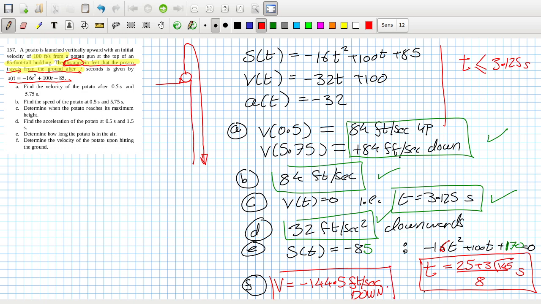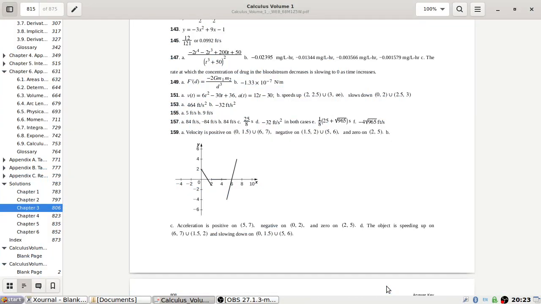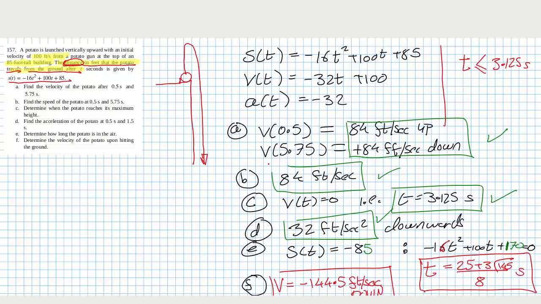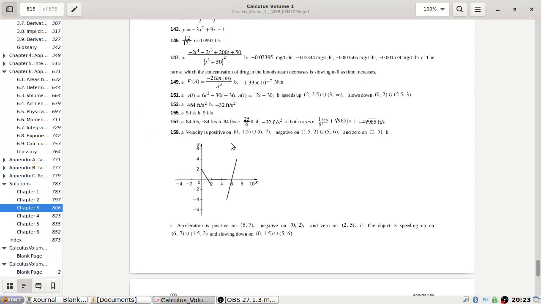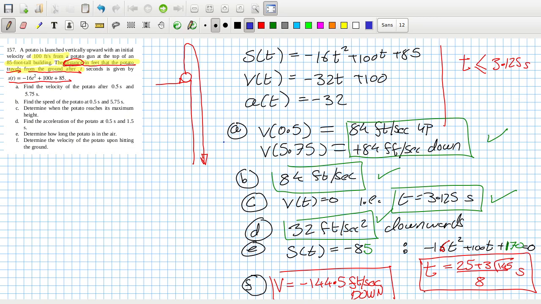But it differs slightly from the answer at the back. So have I done something wrong? Let's double check. Minus 16t squared plus 100t plus 85.